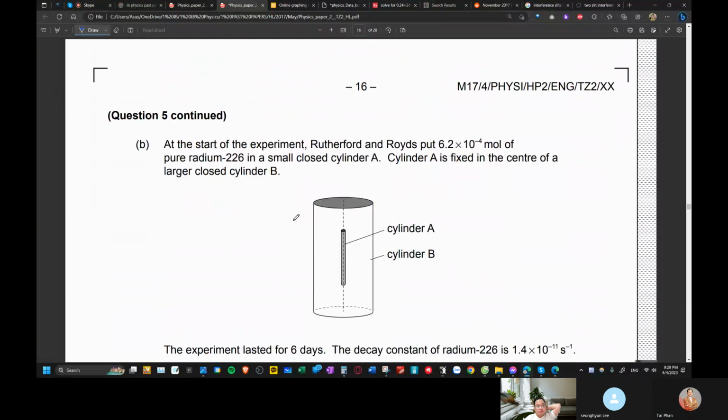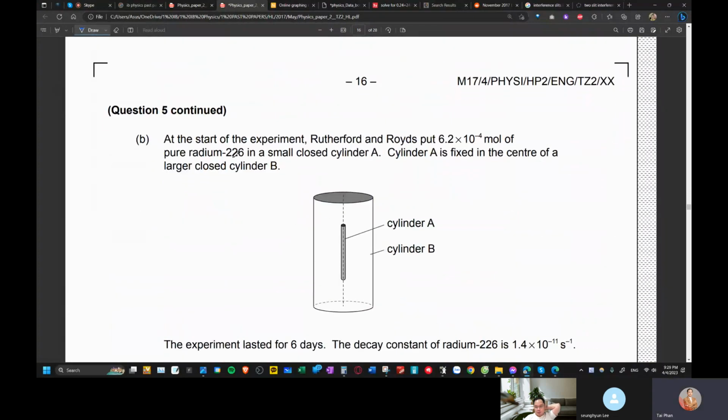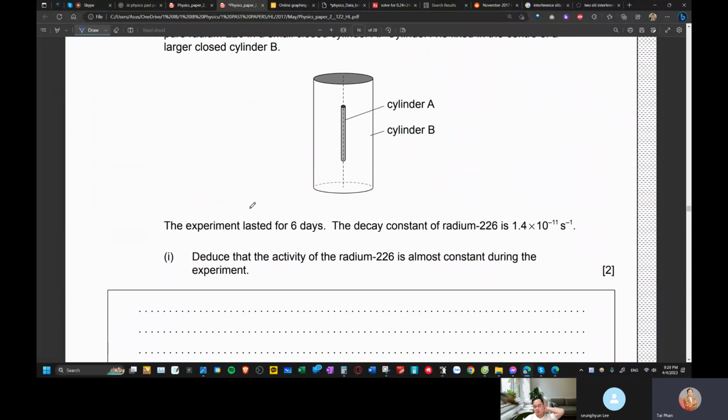1 mark. At the start of the experiment, Rutherford and Royds put 6.2 times 10 to the negative 4 mole of pure radium in a small closed cylinder. The cylinder is fixed at the center of the larger closed cylinder B. The experiment lasts for 6 days. The decay constant of radium is given. Show that the activity of radium is almost constant during the experiment.